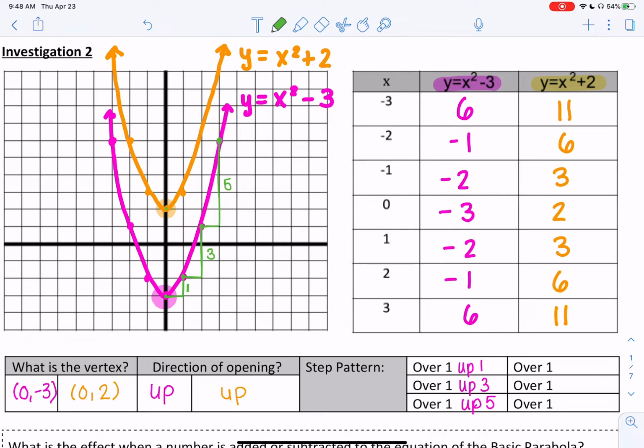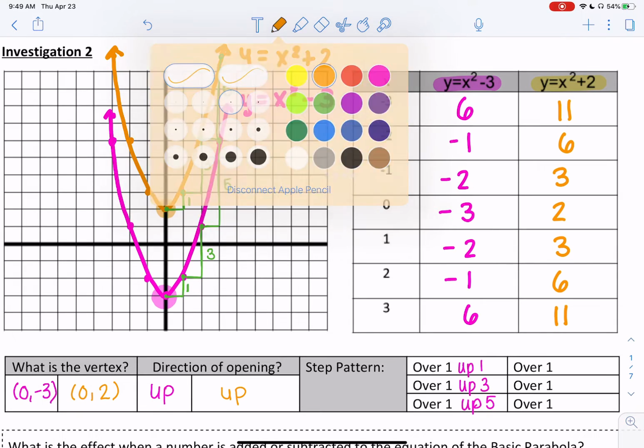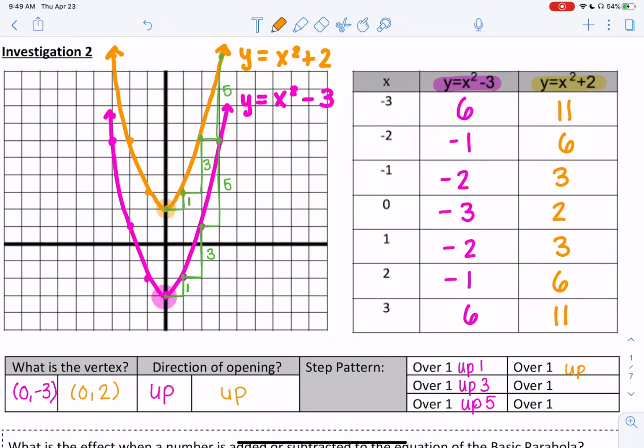So we put our pencil right on the vertex, over to the right one, move our pencil up until we hit our graph again. So again, I only moved up 1, over to the right, up, and I moved up 3. One more time, and I moved up 5. So again, our step pattern has not changed. We just went over 1, up 1, over 1, up 3, over 1, up 5.